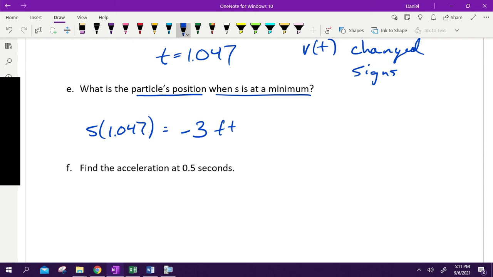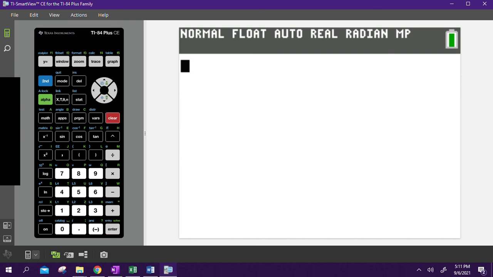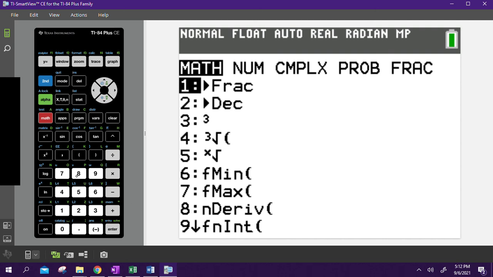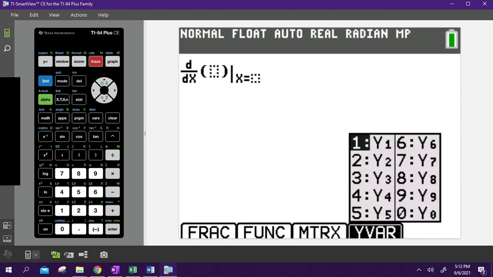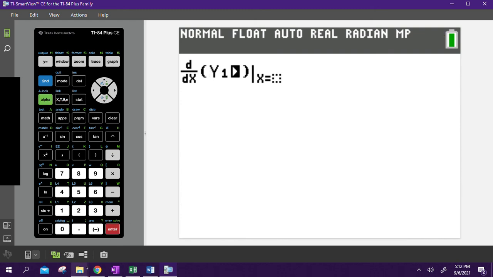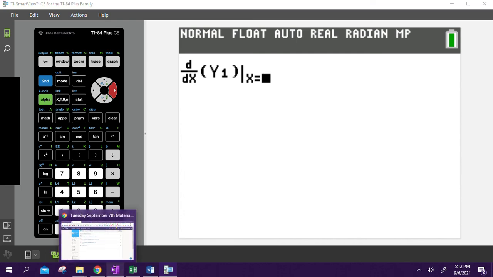Last question of the day. Find the acceleration at 0.5 seconds. What do I want to do with velocity to find acceleration? We're going to take the derivative. So math, go down to number 8, dy/dx. Right there, we're going to type in our equation. So we're going alpha F4. My velocity equation is typed in as Y1, and I want to find the acceleration at 0.5, correct?